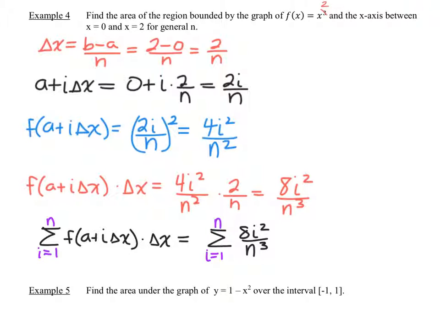Now that's a bit of a conceptual piece, because the left rectangular approximation starts with 0 and goes to n minus 1. If you come in from the right, which is the part that I skipped, you would start with an i value of 1 and end up with n. But as you apply limits, they both end up giving you the same quantity.